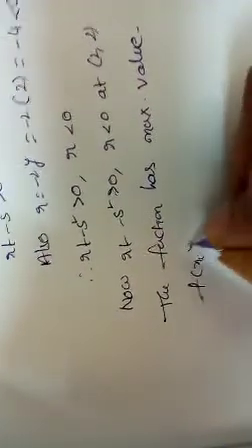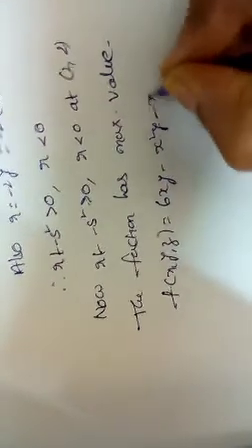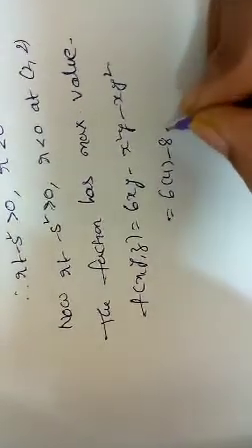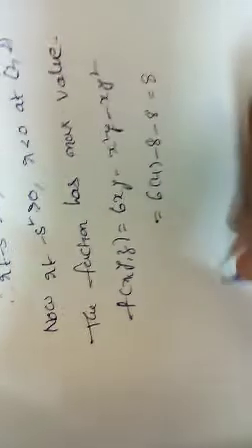Therefore f of x, y, z equal to 6xy minus x square y minus xy square, which equals 6 into 4 minus 8 minus 8, which implies 8.